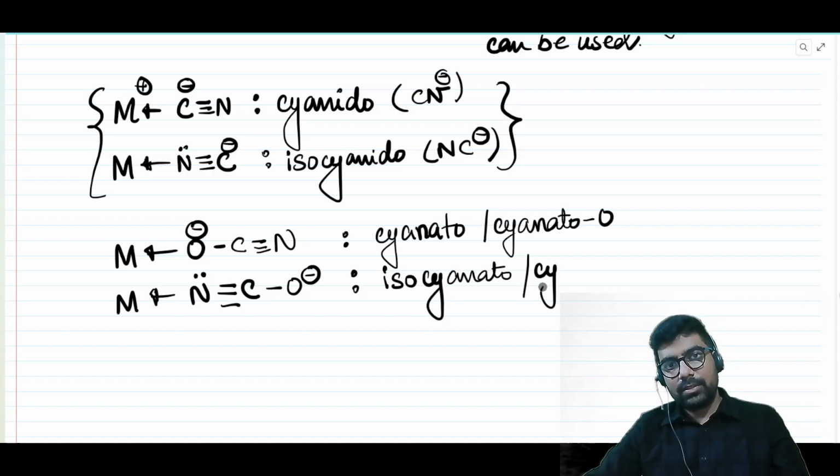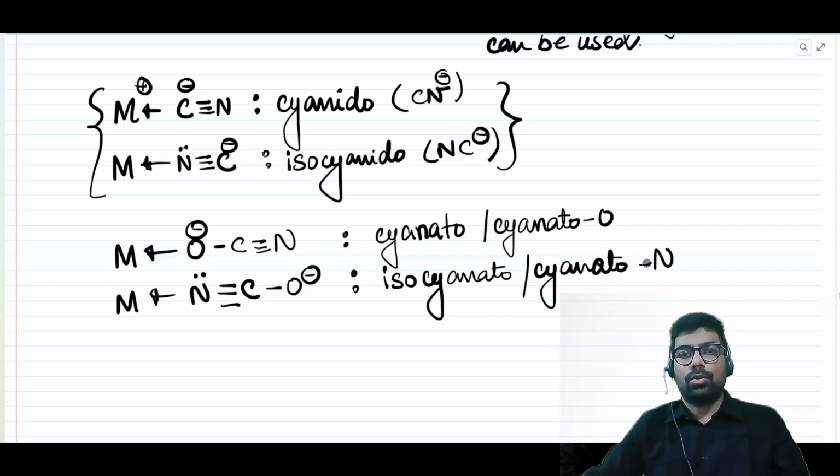or we can call it cyanato N. Basically, this dash O or dash N is specifying the binding site.